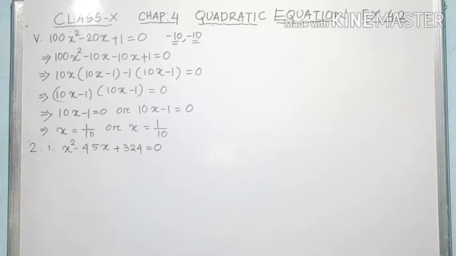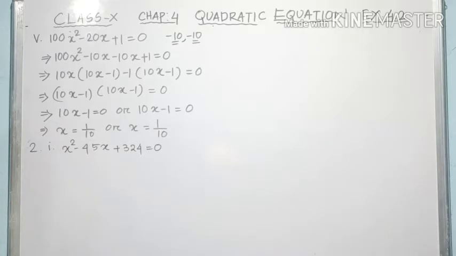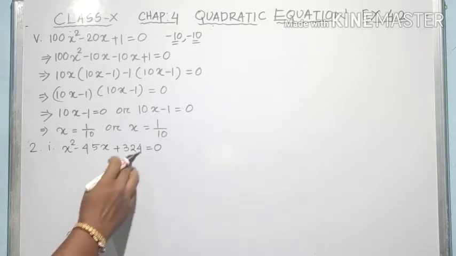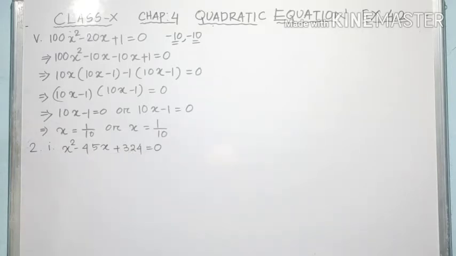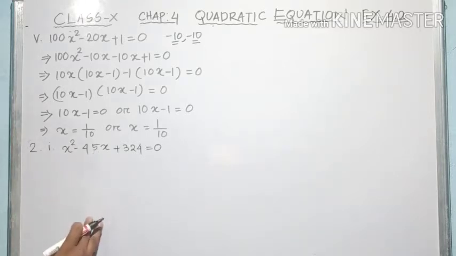So to solve this equation by using factorization, we have to find two integers such that their sum will be minus 45 and their product will be 324. For that, how to know these integers?